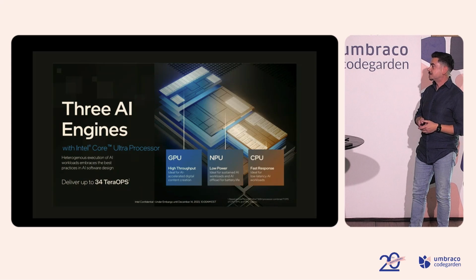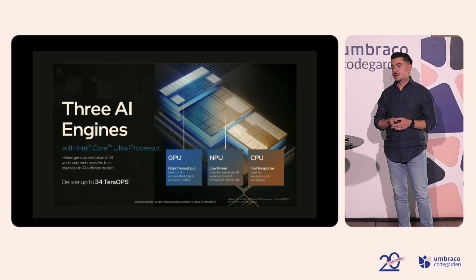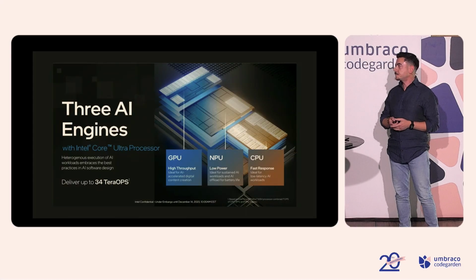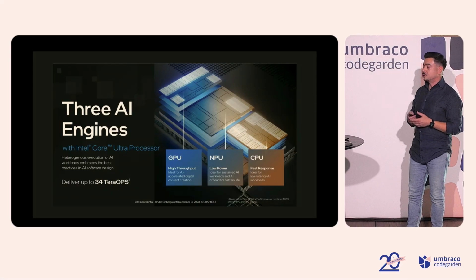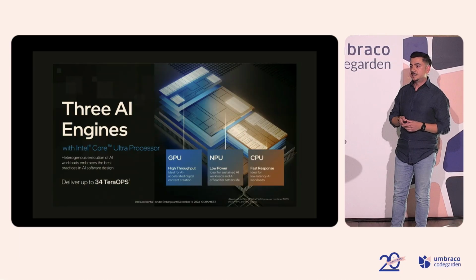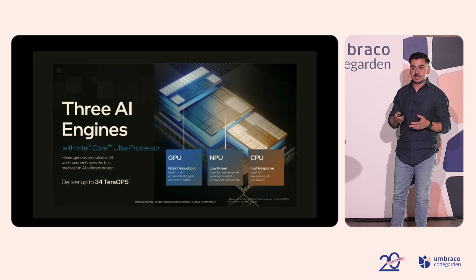A small introduction to it. NPU is a neural processing unit. It simulates the human brain neural system, and is specifically made for machine learning processes running on your device. It can run trillions of operations in a second.